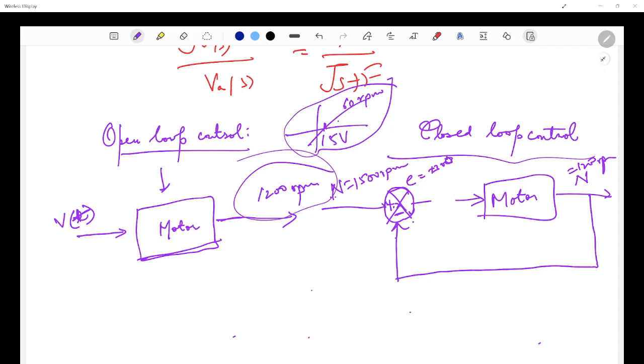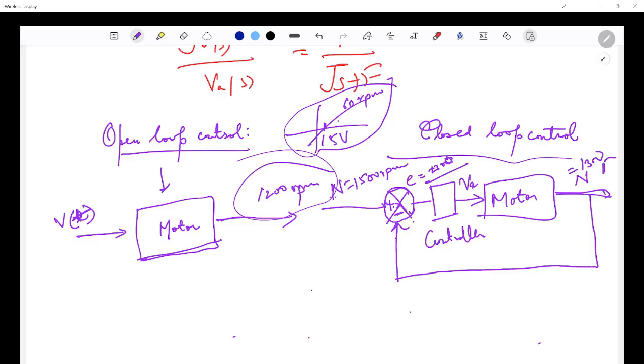So I need to have a controller. Some controller is basically some gain that might be multiplied with my error, so that a proportional voltage is produced that corrects this. So maybe next time it would not be 1200 but it would be 1300.